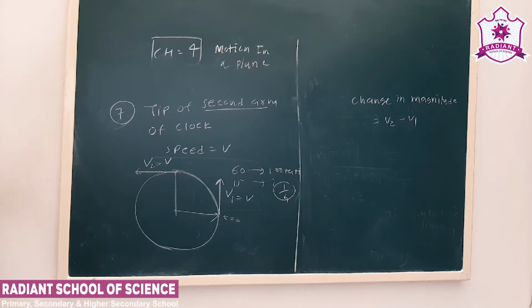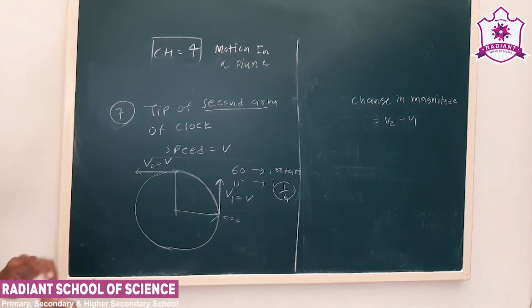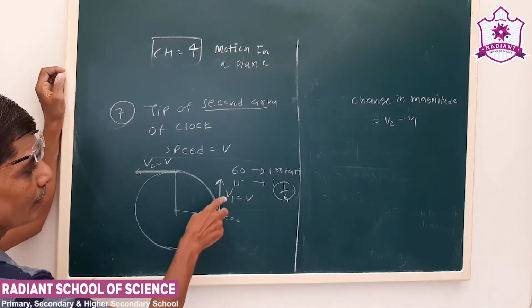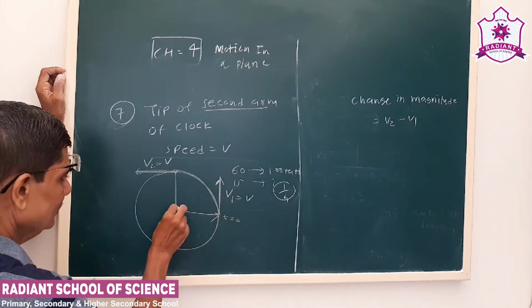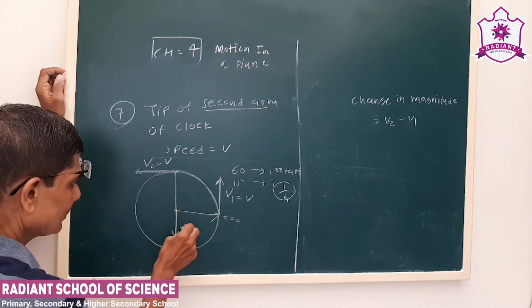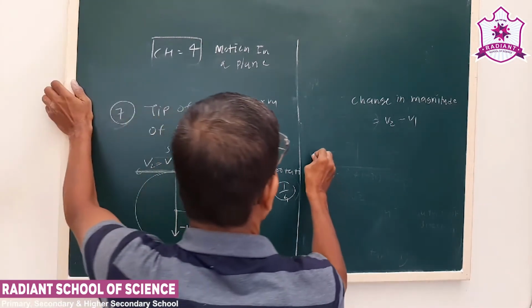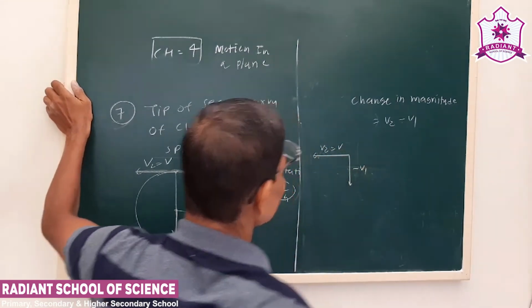Now we can consider this as a vector. Here, v2 is v, minus v1. v1 is in this direction, so minus v1 will be minus v in the opposite direction. This is v2 minus v1.